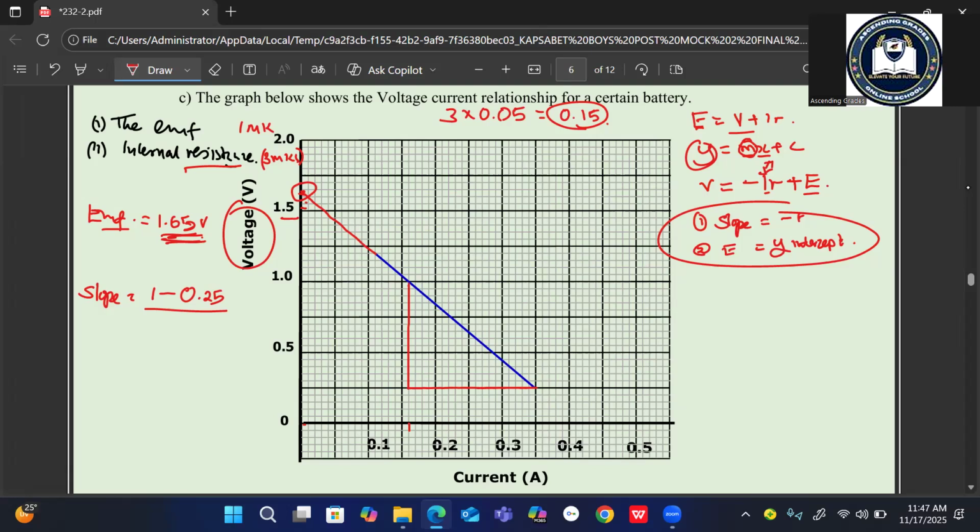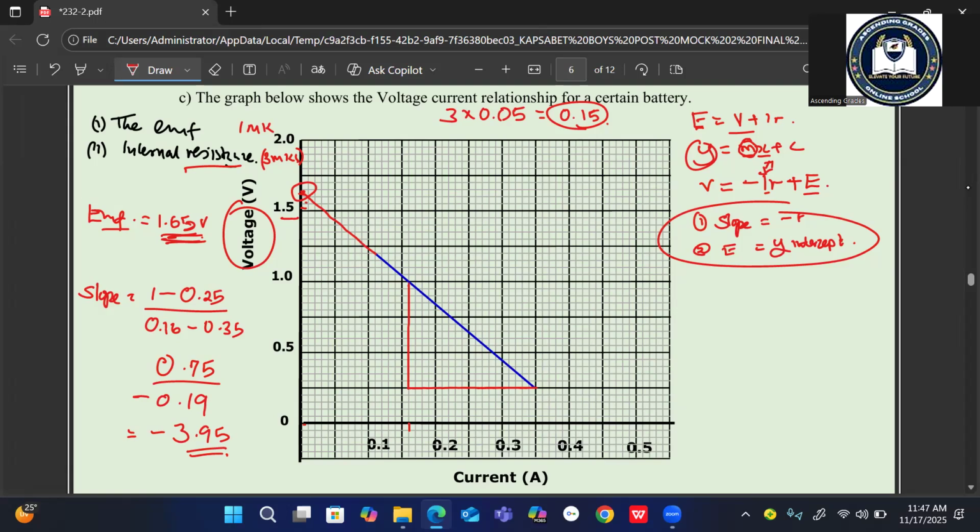So this becomes 0.16 minus 0.35. And this is the same as 0.75 divided by negative 0.19. And this gives me negative 3.95.